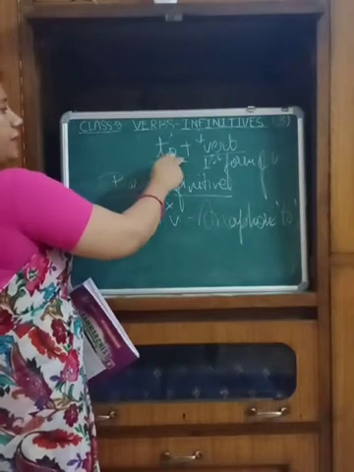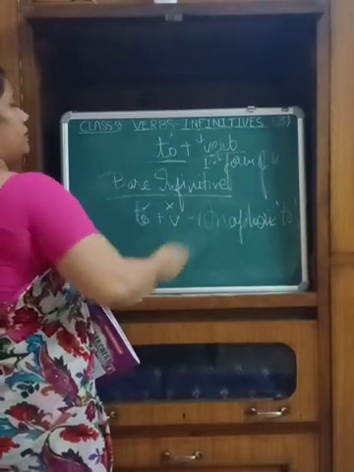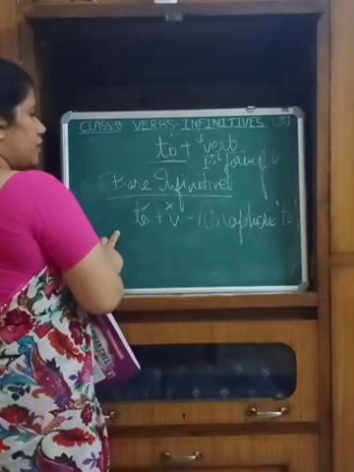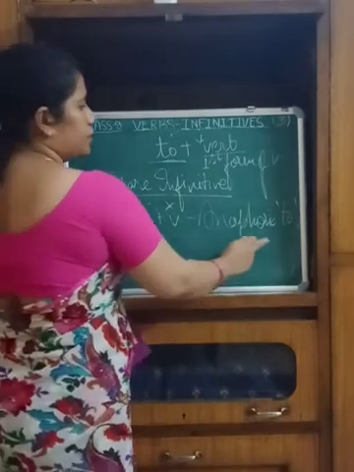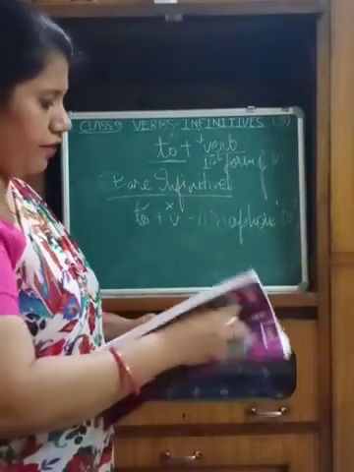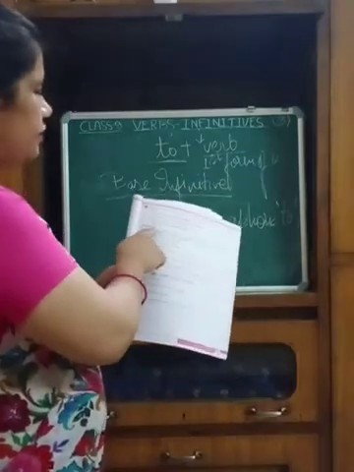When we drop the to and use the verb, it is the bare infinitive. When we use the to and drop the verb, it is the anaphoric to. See, on page number 45, this is the anaphoric to.